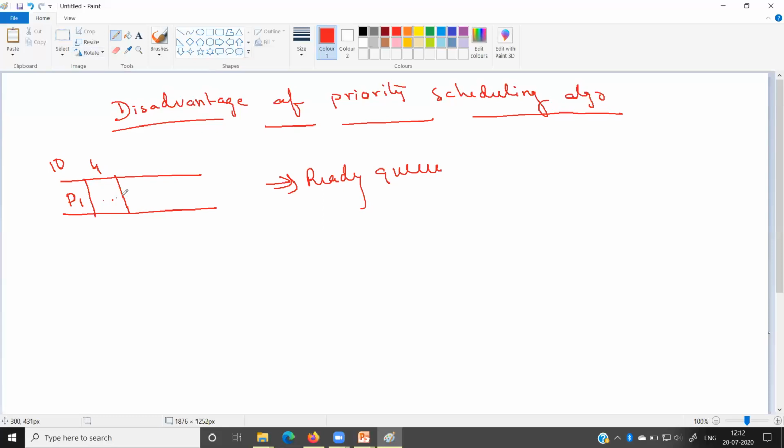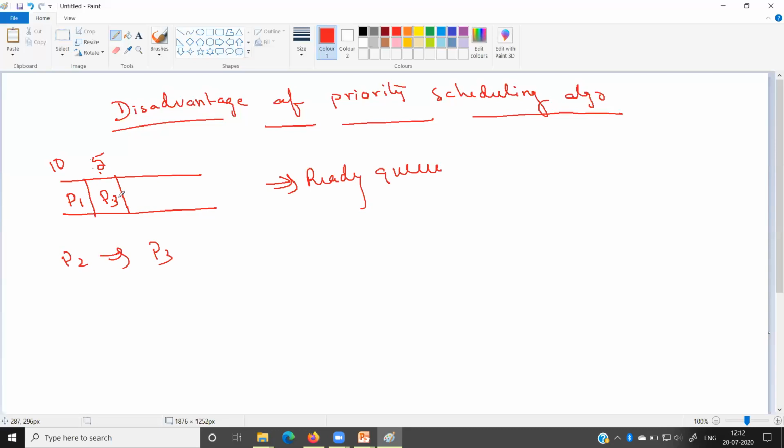Now while P2 is in the running state, another process P3 arrived in the system whose priority is 5. So definitely after completion of P2, P3 will get the chance.